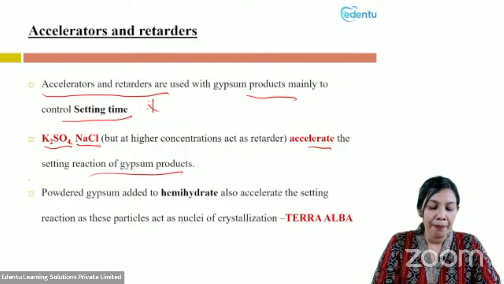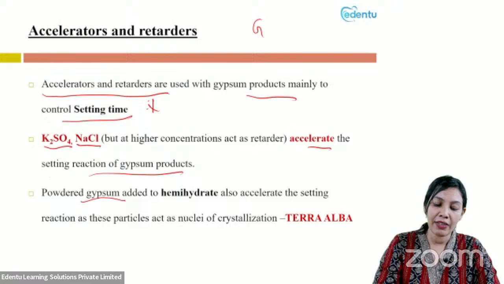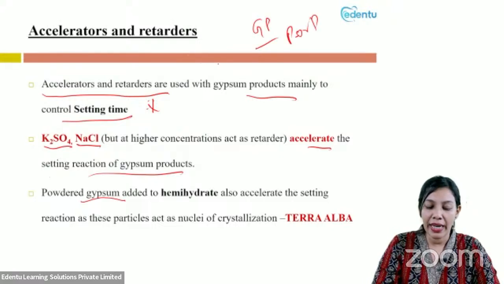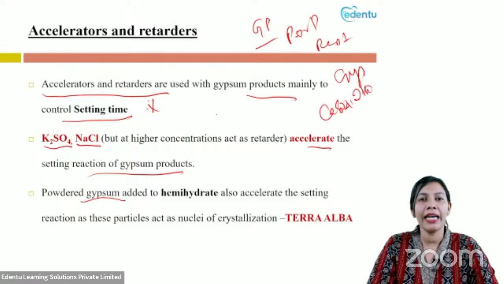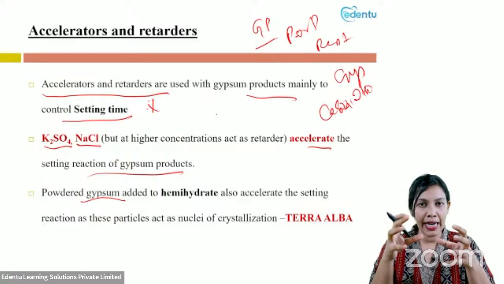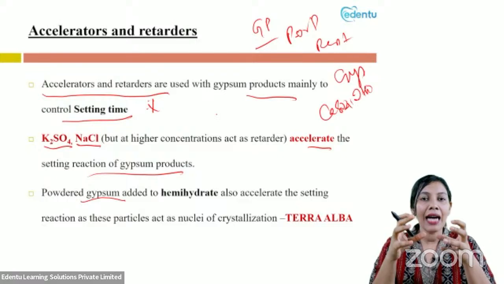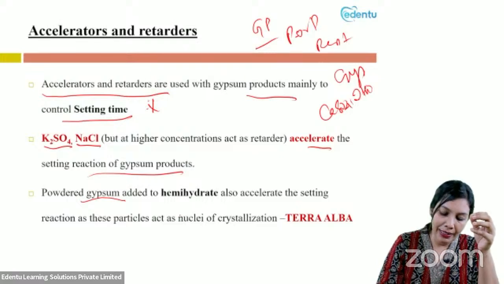Next is powdered gypsum. Sometimes the gypsum product which we get, like plaster of Paris or dental stone, consists of a small amount of gypsum, that is the completely set CaSO4.2H2O. When CaSO4.2H2O is present, it acts as a nucleus of crystallization. It acts as a starter.